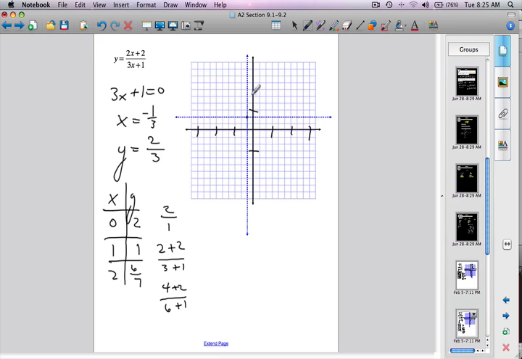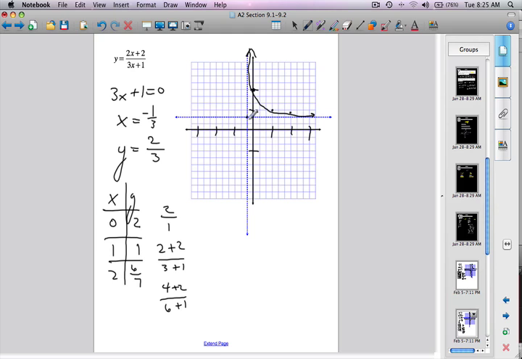Let's see, that's 1, 2. When I'm at 1, I'd be at 1, which is right about here. And when I'm at 2, I'd be at 6/7, which is a little bit less than 1. So I come in along the asymptote, pass through my 3 points, go out along the other asymptote.